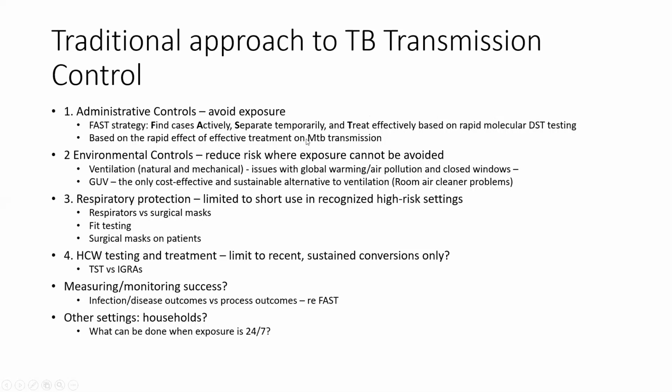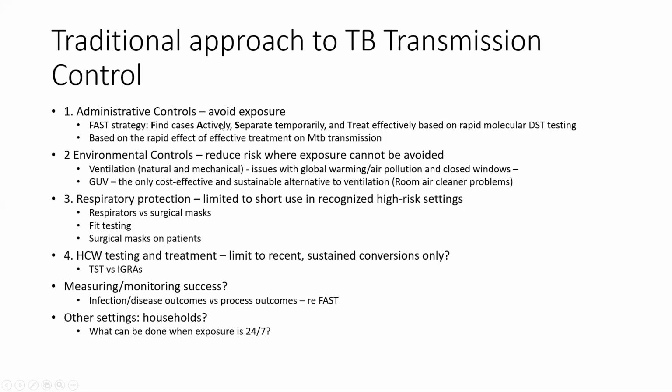So if patients in the hospital who have known TB, most of whom hopefully are on effective therapy, become rapidly non-infectious, then the patients who are transmitting to other patients and to healthcare workers must be those who are undiagnosed or on incorrect treatment.